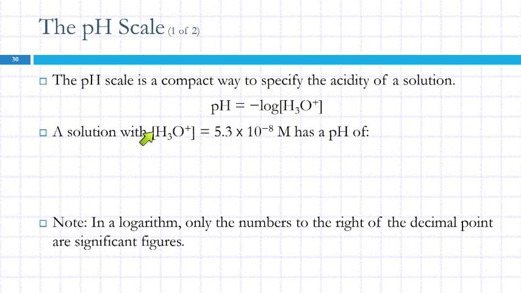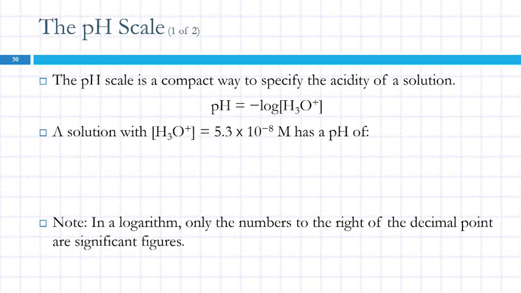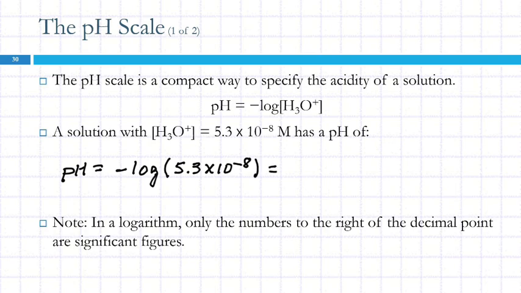So here we have a solution of H3O+ being 5.3 times 10 to the minus 8. What's the pH? Well, we're going to use the equation. pH equals the negative of the log of that concentration. On the 36X Pro, there's one button that does natural log and base 10 log, and will also do other logs.